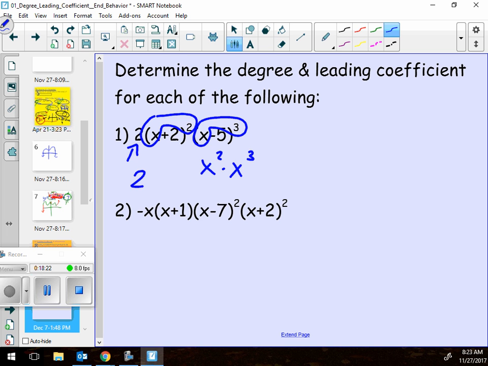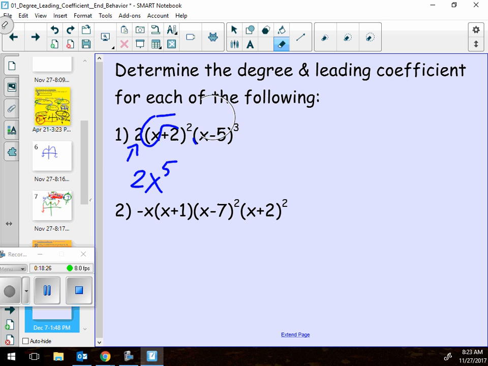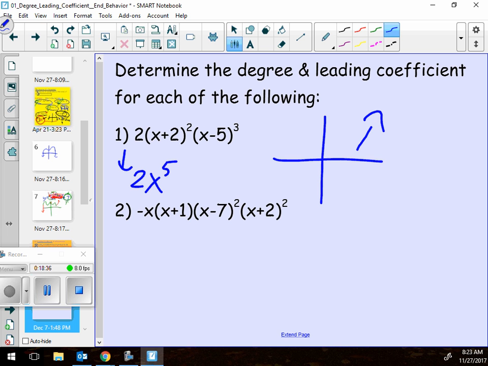So did you say 2x to the 5th? Raise your hand if you had that right. Good. Then, more importantly, what does it tell us? It's positive. So how does the story end? Up. Happy. Yes. Okay. It's got an odd power. What does that tell me about the front? Down.